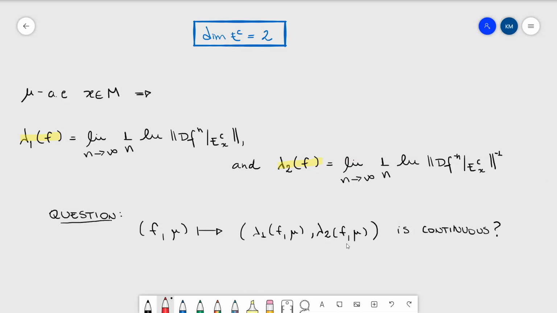Most of the talk, I'm going to consider this measure fixed. Perturbing the diffeo and perturbing the measure are two different problems. Usually, if you fix a good measure, for example Lebesgue measure, then you have very good properties to deal with perturbing the diffeo. So this is essentially what I'm looking for, fixing the measure here.